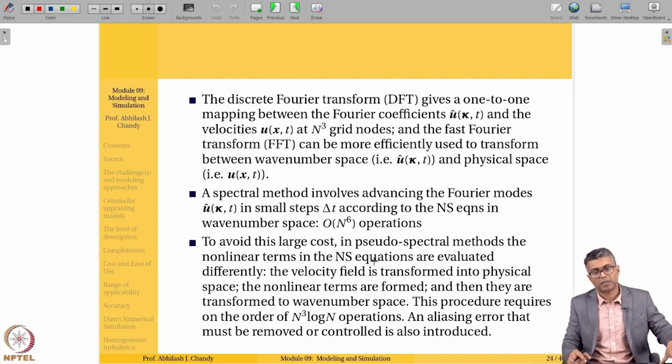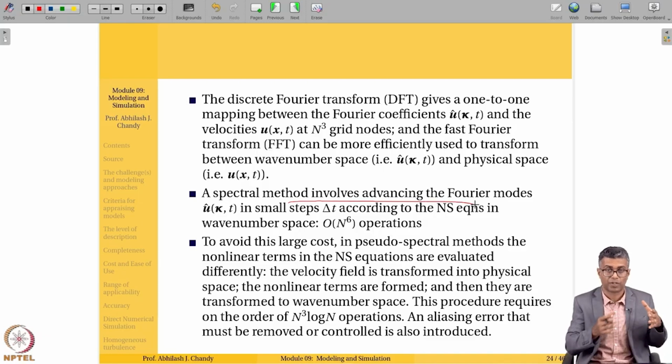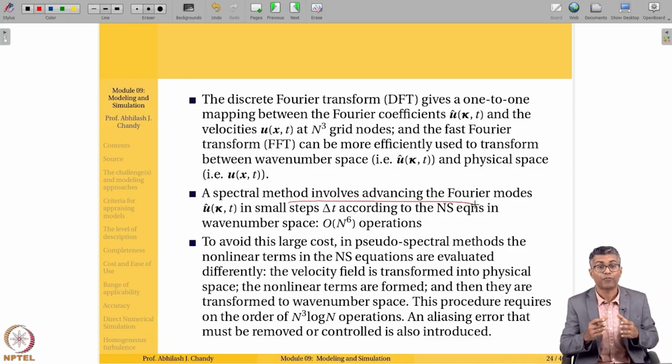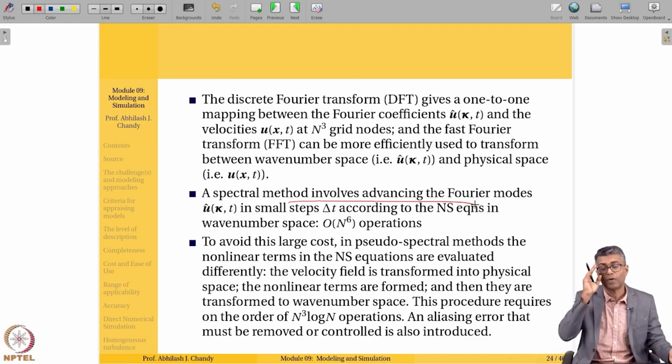A spectral method involves advancing the Fourier modes in small steps delta t, right? You're solving the unsteady Navier-Stokes equations in Fourier space. So you are getting u hat for every wave number mode, but you are solving that for every time, advancing in small steps delta t, just like you would do for any other numerical method. Except now you have a set of ODEs.